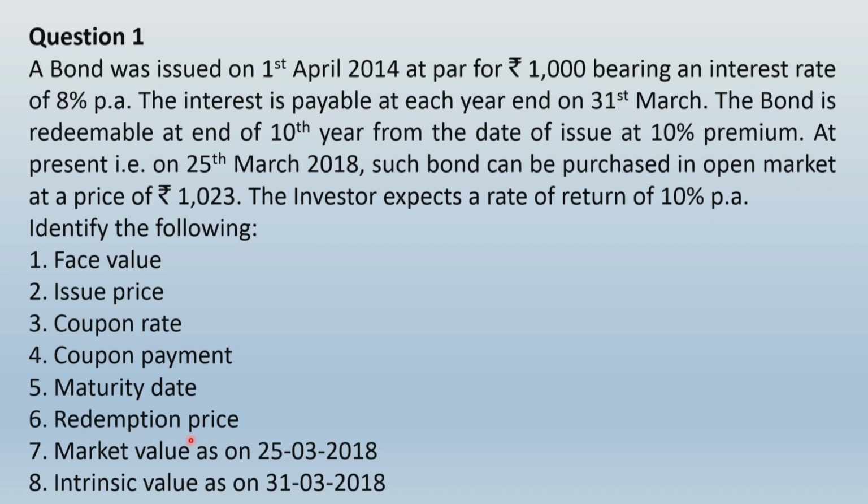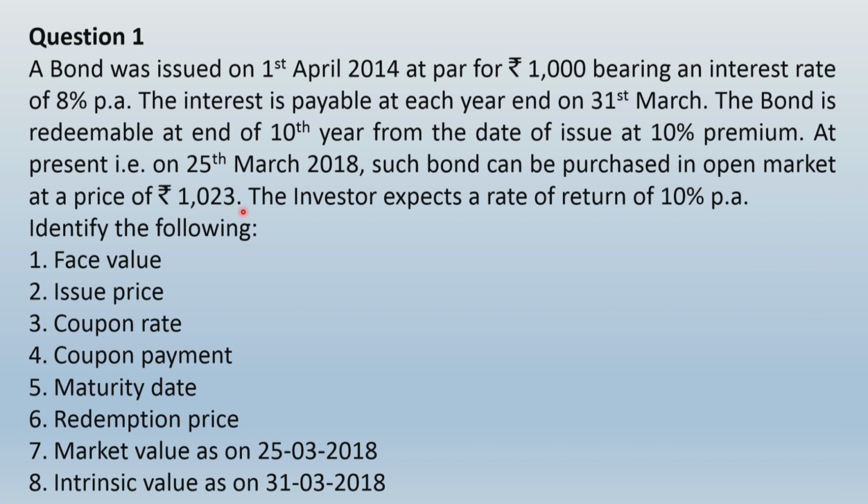After maturity date, the question is asking you to determine the redemption price. Bond is redeemable at 10% premium, so the redemption price will be the face value plus 10% premium, that will be rupees 1100.